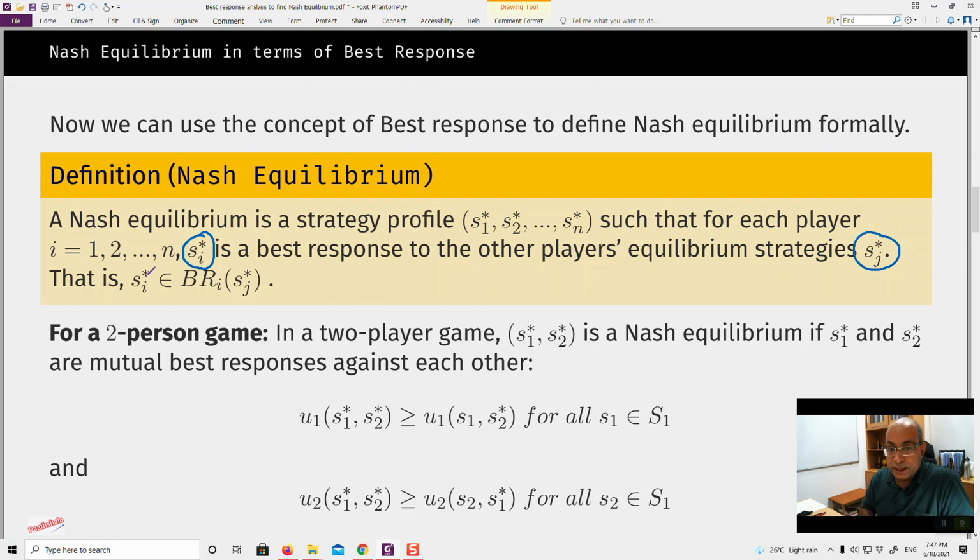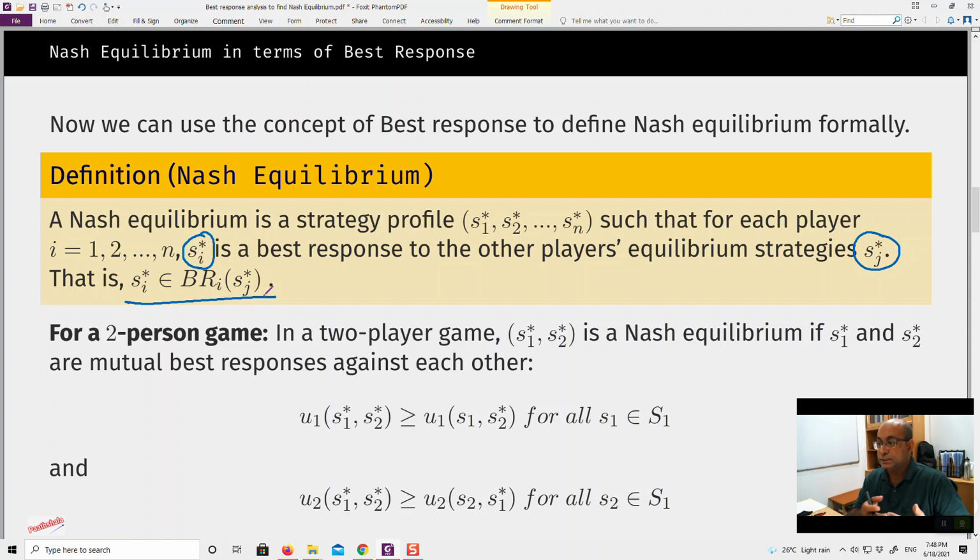That is, Si star belongs to the set of best responses for player I against Sj star. So basically we are saying that these are mutual best responses.